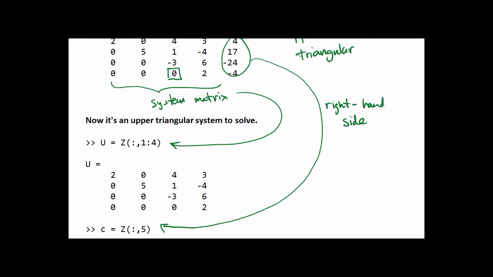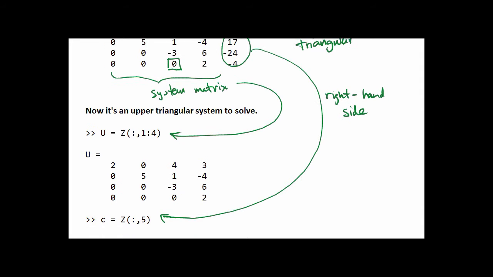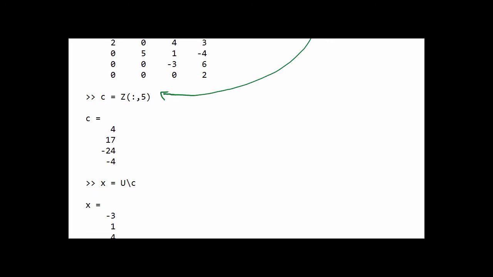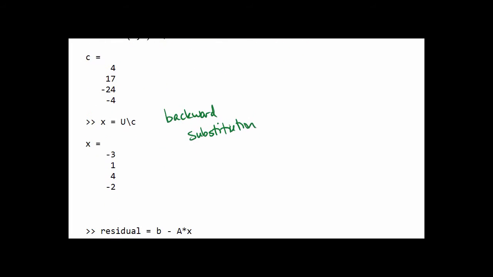So we peel that off into a vector that we call C. And then we do U backslash C, which MATLAB knows to do as backward substitution. So that's a solution of our upper triangular system.